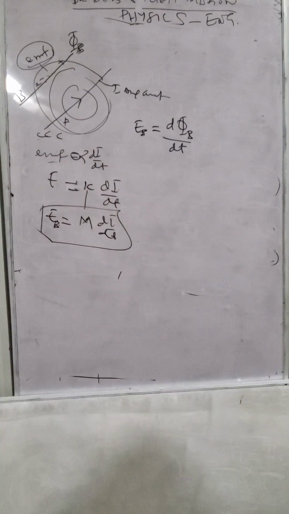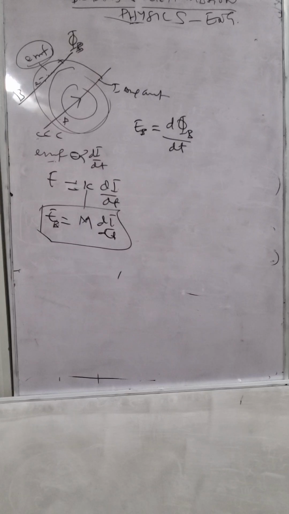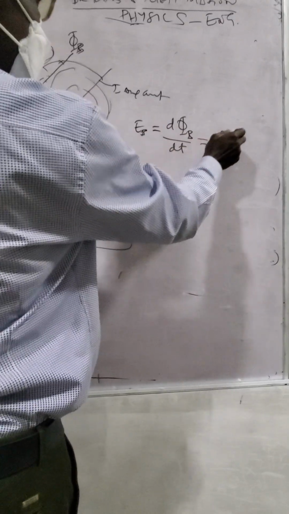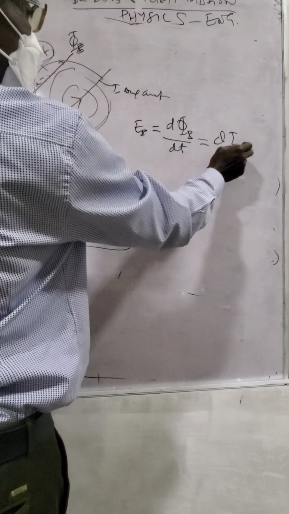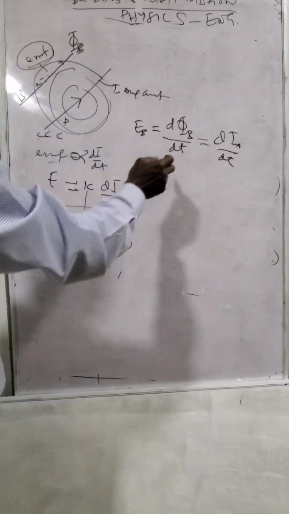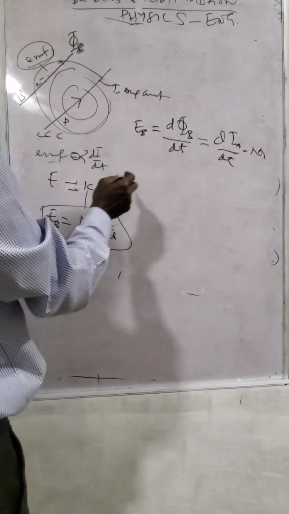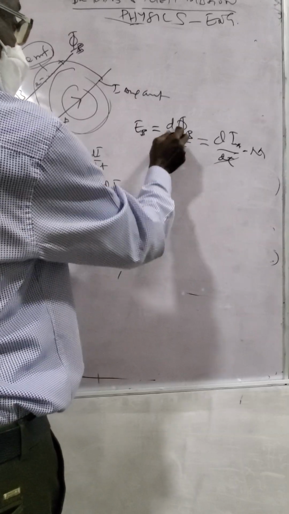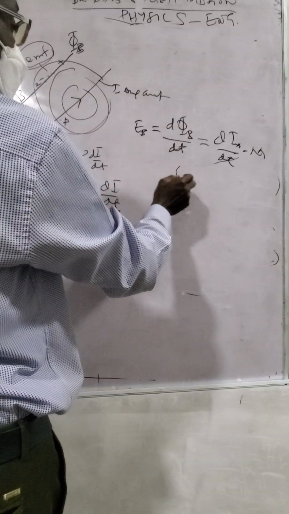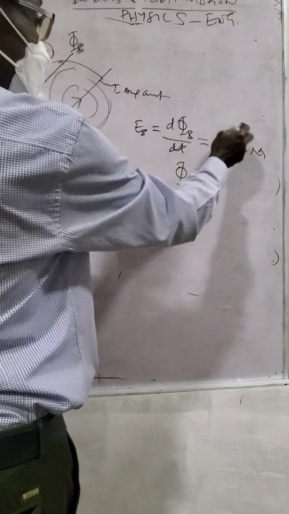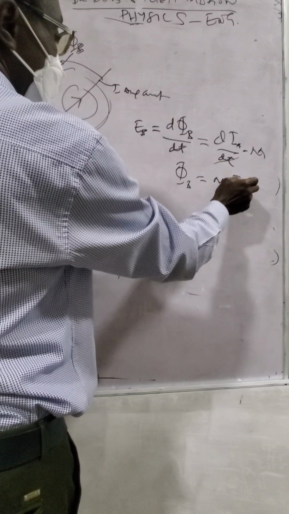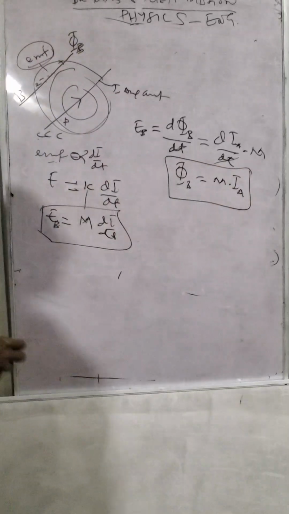So this is the rate, and we have said this is equal to dI, where I is the current in A, over dt times M. So we realize that from here, this cancels that, and then if you integrate this one, you're going to get flux B, and integrate this part, you're going to get M times I. Okay, this is another relation.